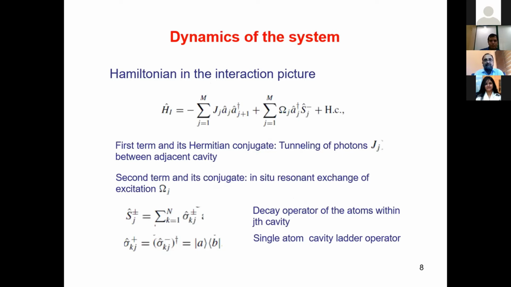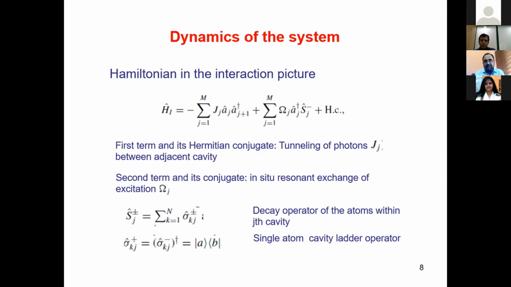I would like to avoid equations as much as possible, but I think I must give this Hamiltonian, the main Hamiltonian in the interaction picture. The first term and its conjugate is nothing but the tunneling of photons, represented by this J, between adjacent cavities.